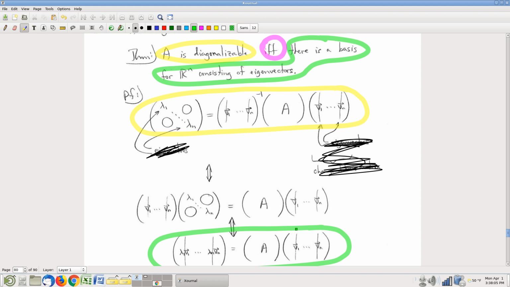Now let's look at this bottom statement. What does this bottom statement say? Matrix times matrix is another matrix. Okay, sure, but remember you can do matrix multiplications one column at a time. So let's think, for example, about what this product says about this column multiplied by A gives you that column. Looking at the first column, this says that there's a vector V1, which when you multiply by A, gives a multiple of V1.